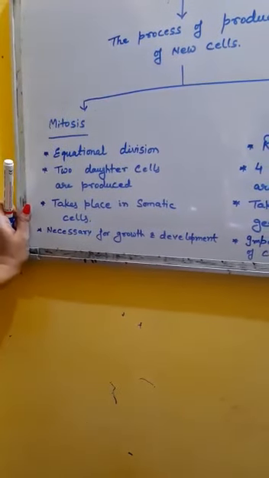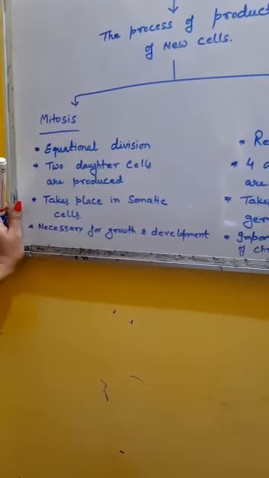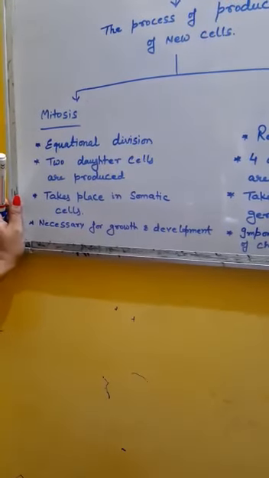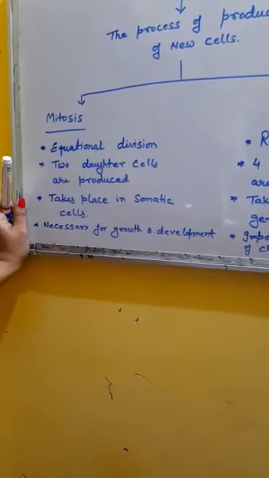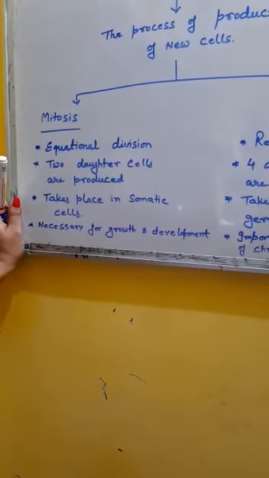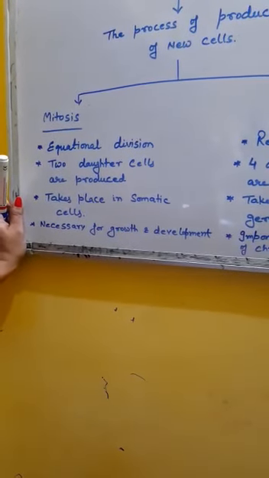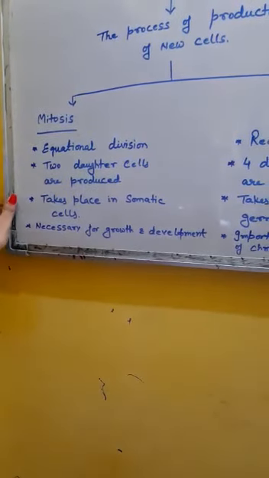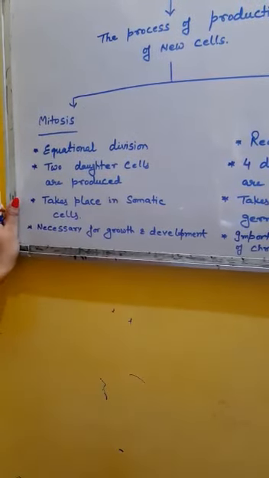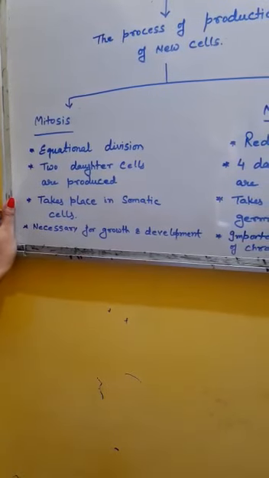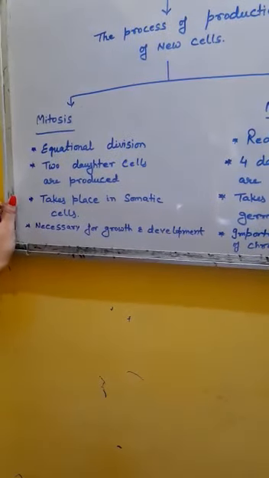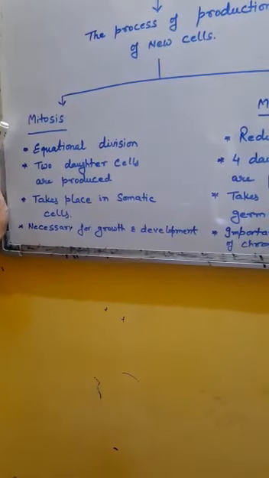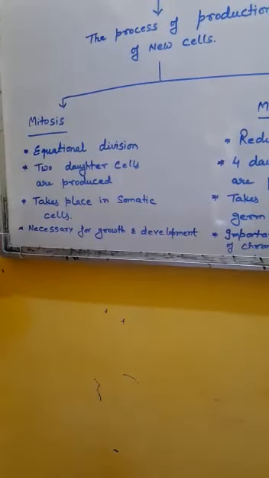Mitosis takes place in somatic cells, the cells of the body which do not perform the function of reproduction. In the cells other than reproducing cells, mitosis cell division takes place. Those cells are called somatic cells, like our skin, blood, bones, everywhere there is mitosis cell division where the number of chromosomes is always the same.